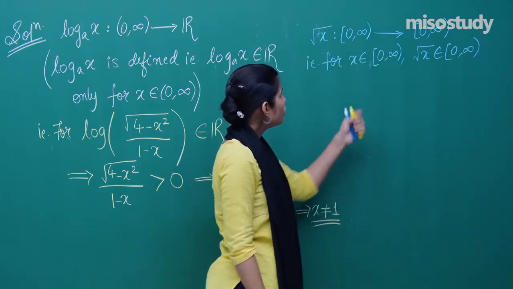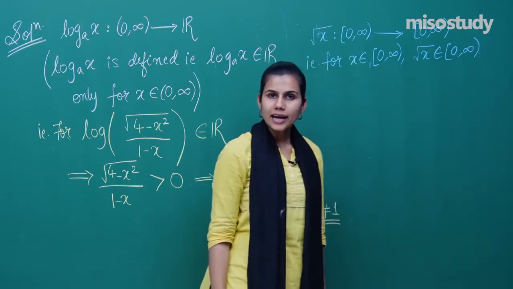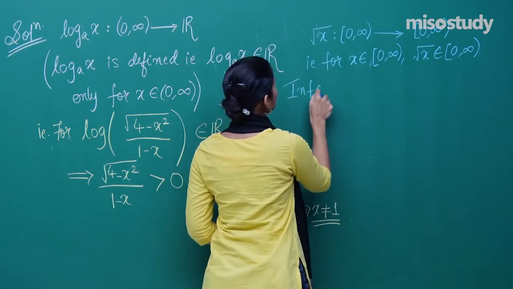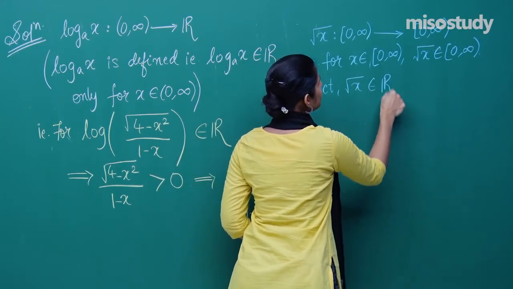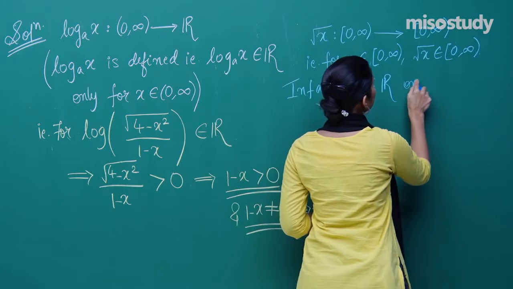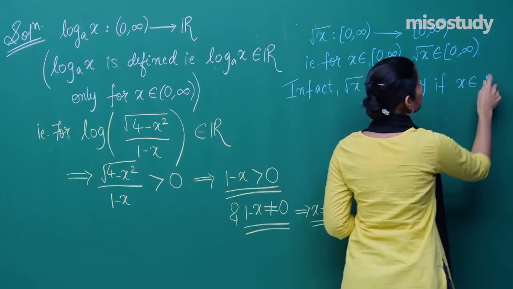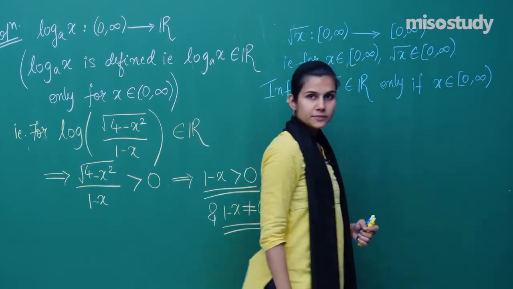Right? Whenever you put input from this interval, you get the output sitting inside that interval. And in fact, root x is an expression which goes inside the real line only if x comes from the input set of root x, which is 0 comma infinity.